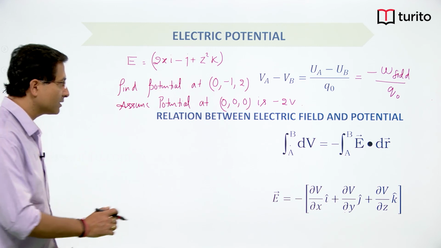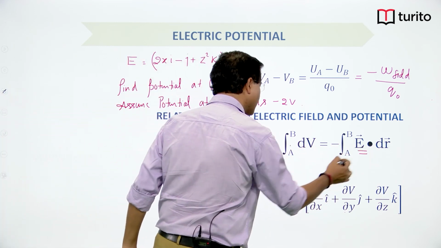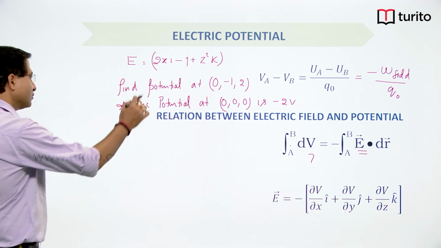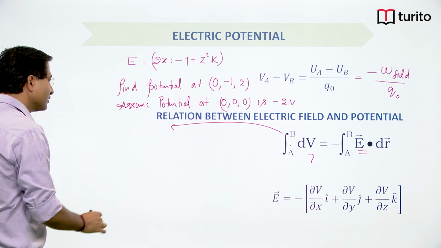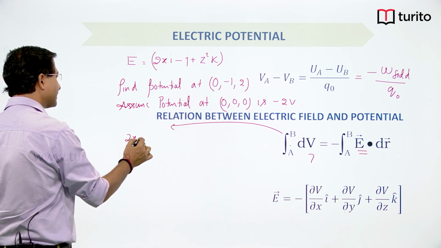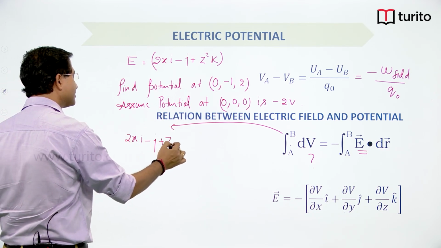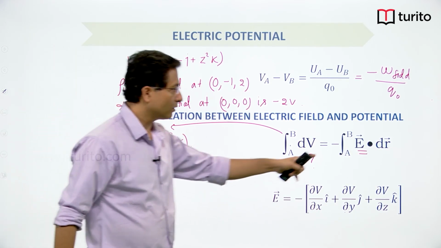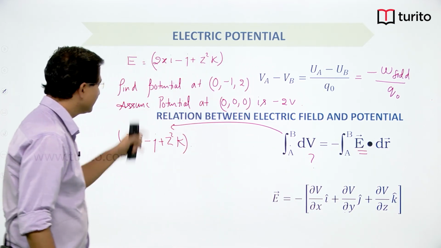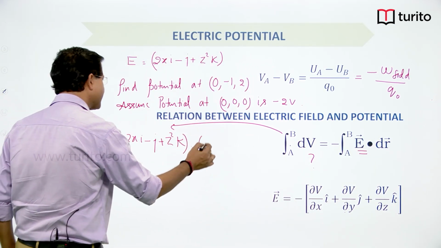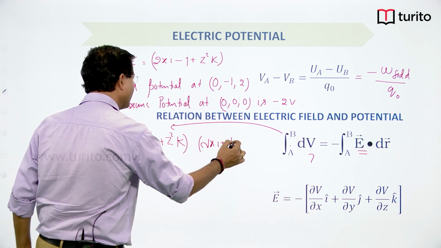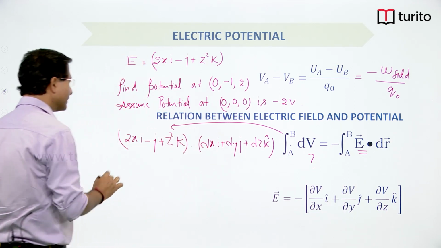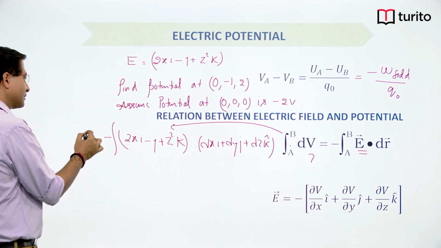So, now I have this and I need to get this, right. Let us apply the formula. So, E dot dr, I am applying this formula, right. So, E is nothing but 2xi minus j plus z square k dot dr, dxi plus dyj plus dz k, right, minus limit.